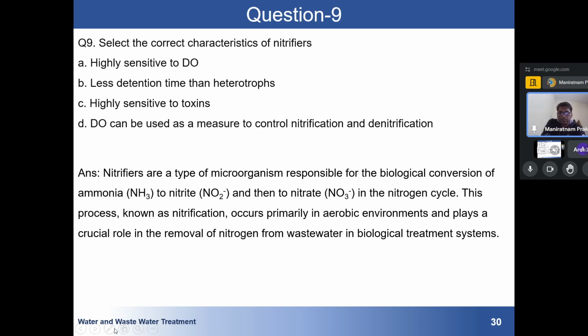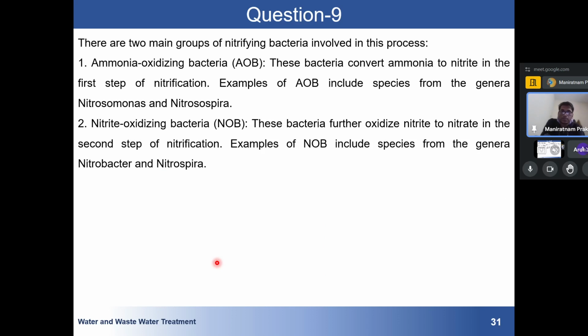First I was giving some emphasis on this thing. How much time is left? 20 minutes left. Before answering the question, I think you should understand what nitrifiers are and why they are important for removal of nitrogen from the system.